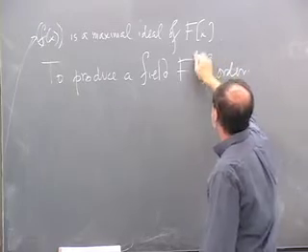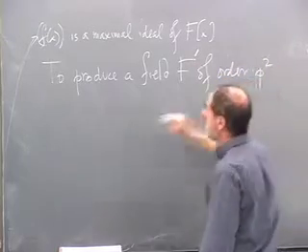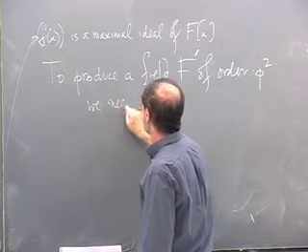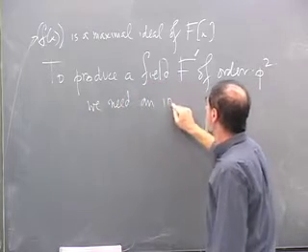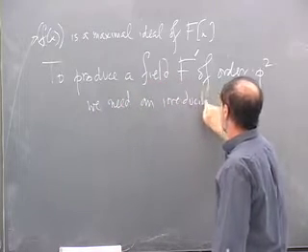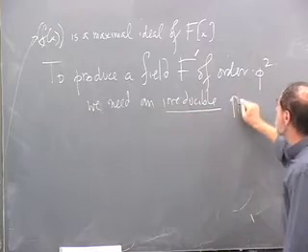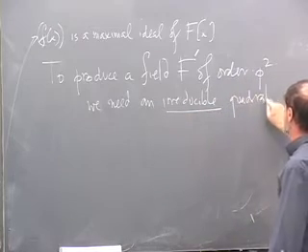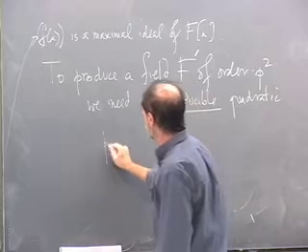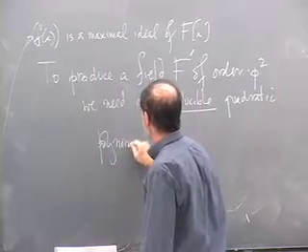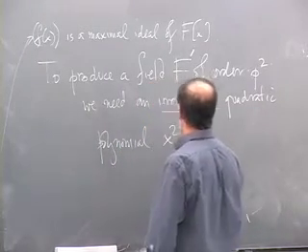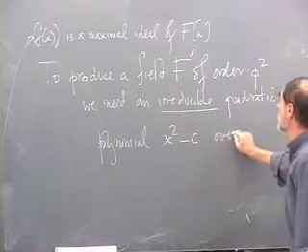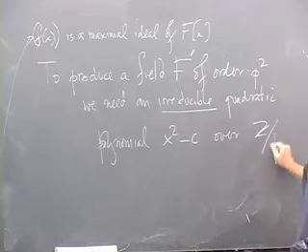let's call it F prime of order p squared, we need an irreducible quadratic polynomial x squared minus c over the field of p elements.